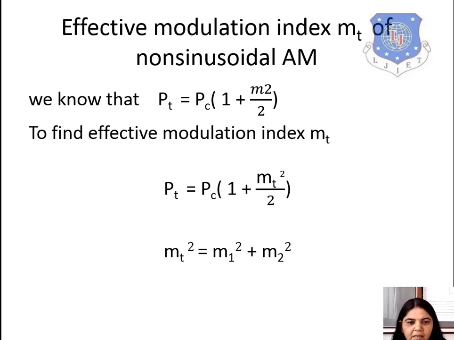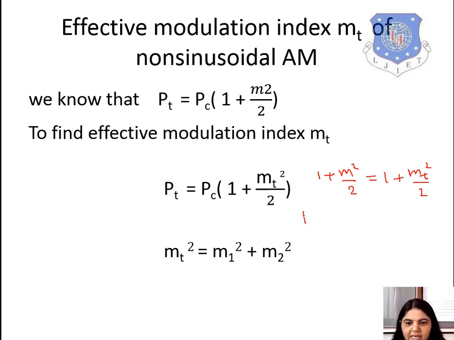So if you are comparing, what can you write? This PC can also be cancelled. So we have the equation: 1 plus M square by 2 is equal to 1 plus MT square by 2. Okay, so 1 also cancels. So we can say that MT square is equal to M1 square plus M2 square.